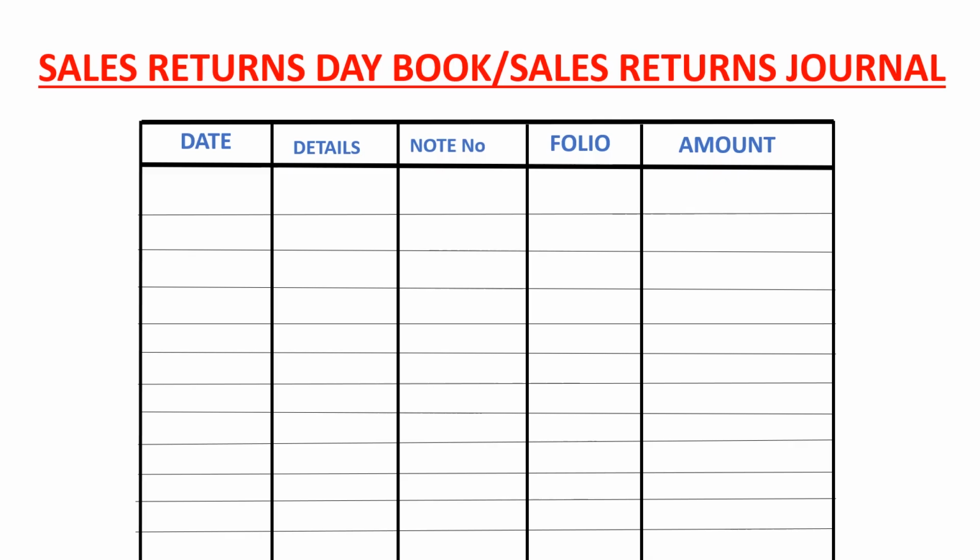So right on your screen, what you're seeing is how a sales returns journal looks. Just like we've been doing before, we shall be posting the details of these transactions in the sales returns journal. After posting these to the sales returns journal, then the double entry gets started. We shall go right to the sales ledger, and since these are mostly goods returned from people we had previously sold to on credit, we are going to reduce their accounts in the sales ledger.